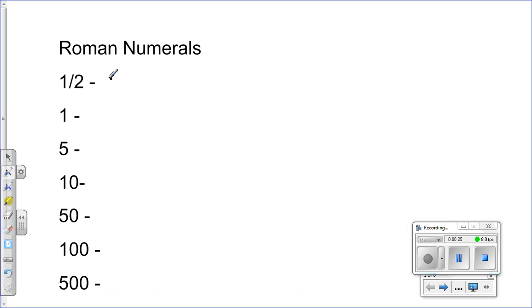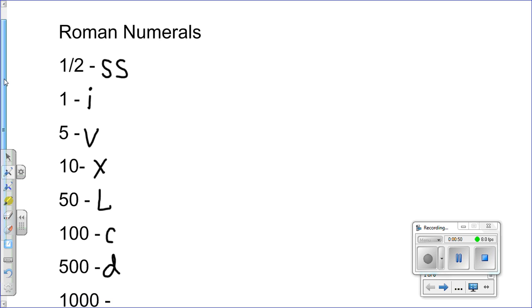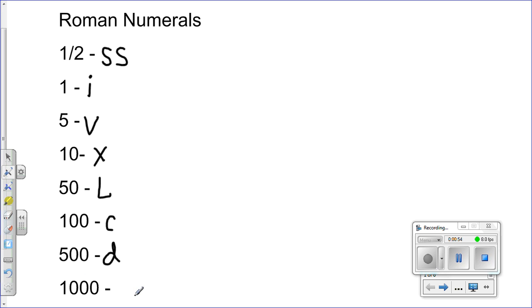One half is represented by SS. 1 is I, 5 is V, 10 is X, 50 is L, 100 is C, 500 is D, and then, I think I've got to scroll down a little bit, 1000 is M. So we go through: I is 1, 5 is V, 10 is X, 50 is L, 100 is C, 500 is D, and 1000 is M.